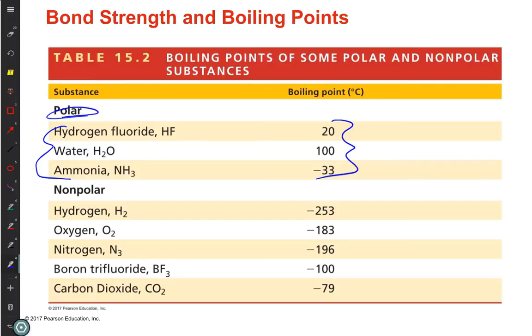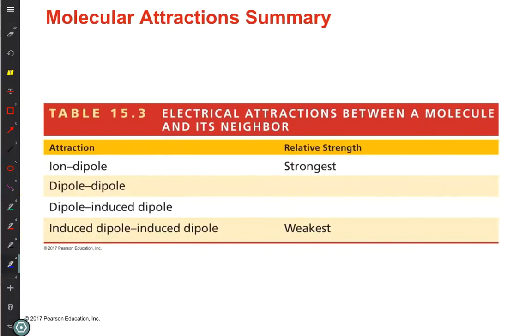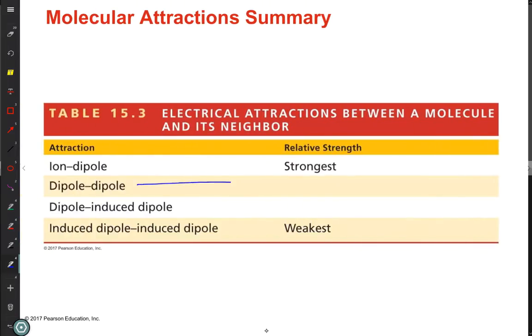And so temperature is a measurement of how fast they're moving. So if you have a temperature that's very high, they're just moving too fast for that to hold them together. Whereas the polar bonds, if it's polar, you have the dipole, a much stronger force. Right, that goes back to here. The dipole is here, whereas the induced dipole down here.